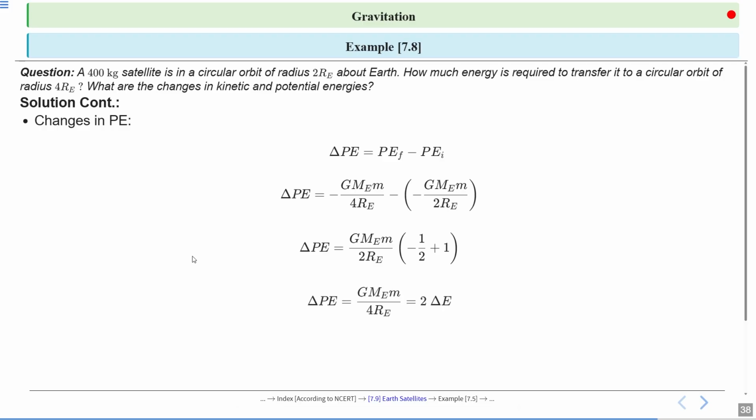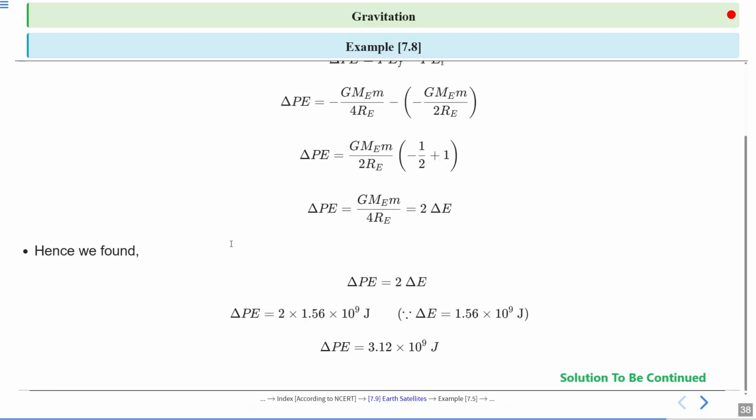So the change in potential energy is equal to GMₑm/4Rₑ, which is 2 times ΔE. So ΔP is equal to 2 times the change in total energy. ΔP equals 2 × 1.56 × 10^9, so it will be 3.12 × 10^9 joule.